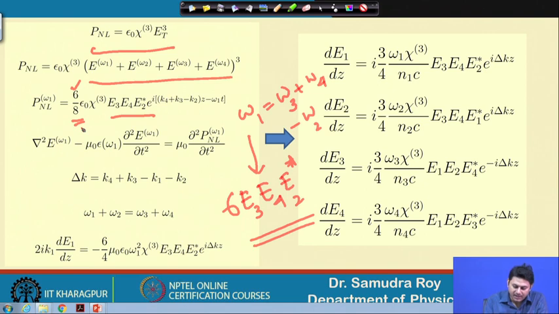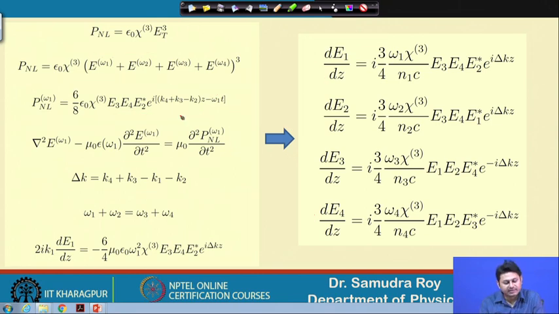Since I am talking about omega 1, it is omega 3 plus omega 4 minus omega 2, so k1 should be k3 plus k4 minus k2. This is the key component, the phase term, and omega 1 will be there because I am generating the frequency omega 1 here. So, my P nonlinear term is ready.